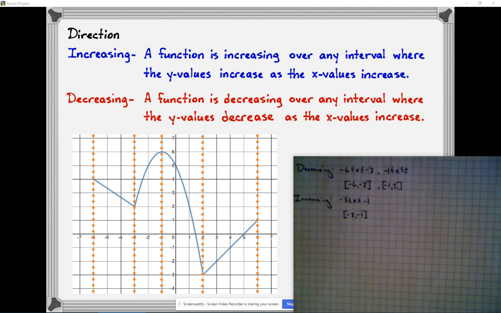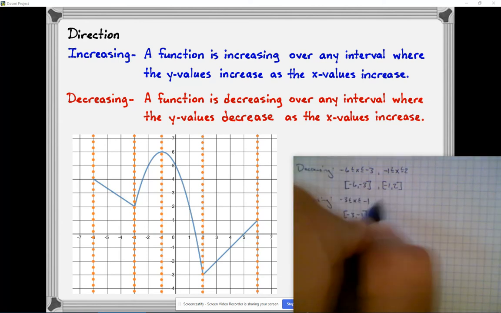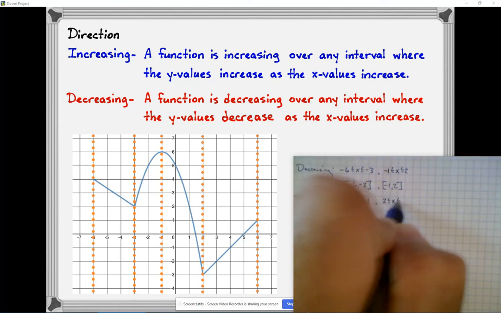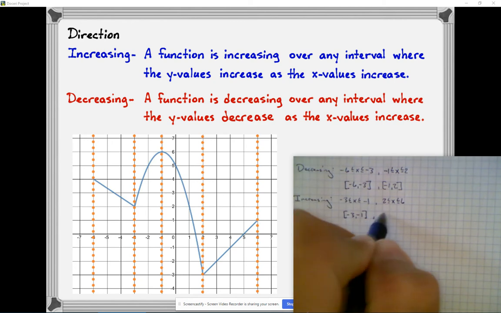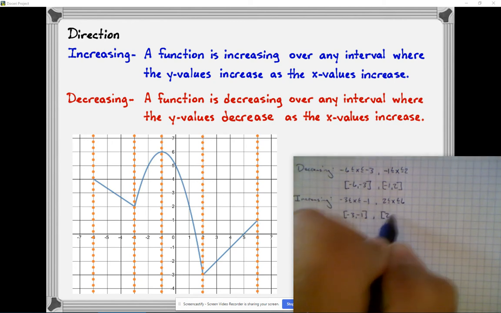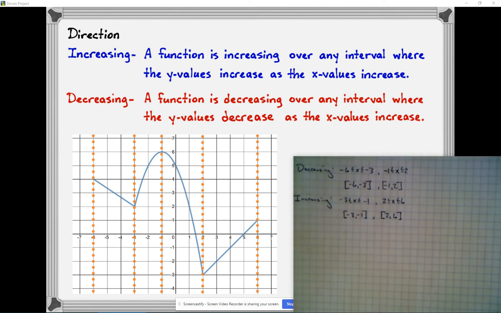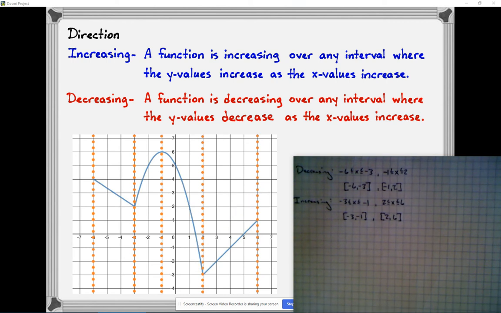And then from here to here, from 2 to 6, we are increasing. So from 2 to 6, we are increasing, or interval notation 2 to 6. So you can see in the graph there are two pieces for which I'm going downhill and two pieces for which I'm going uphill. Okay? So hopefully that is clear to you.